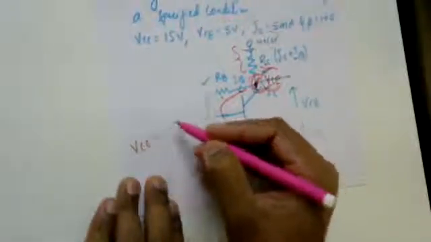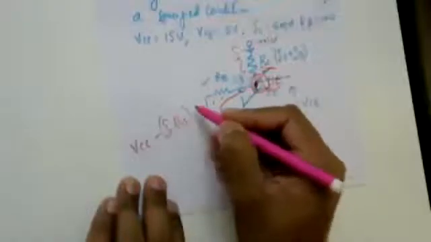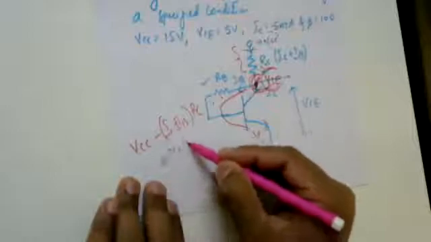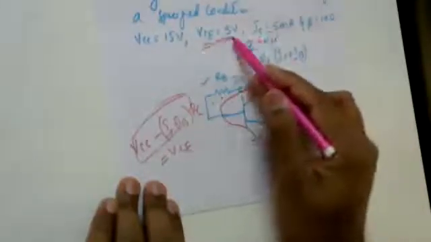I'm just saying that VCC minus IC plus IB into RC, whatever this is, is nothing but my VCE. So instead of taking these two terms separately, the potential at this node is VCE, which is already known to me. Then VCE minus IBRB minus VBE, so I'm following this input loop.